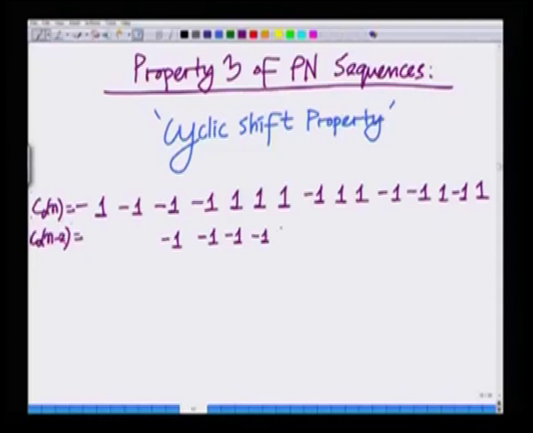So, this is minus 1, minus 1, 1, 1, 1, minus 1, 1, 1, minus 1, minus 1, 1, and I will take these last 2 chips and shift them to the front, because this is a cyclic shift.